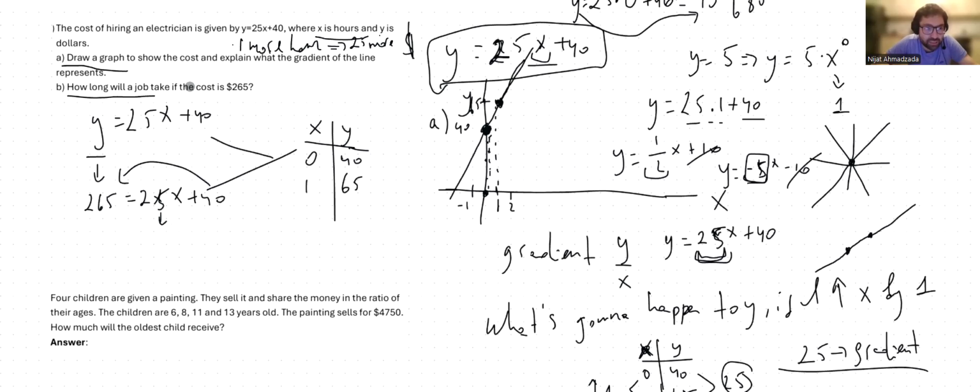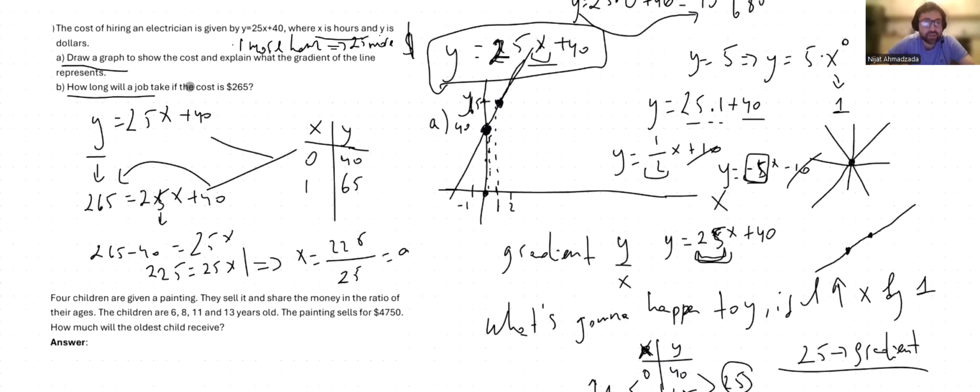It's going to be 265 minus 40 will be equal to 25x. 225 is equal to 25x, which gives us that x is equal to 225 over 25, which is equal to 9. Okay, so the job will take 9 hours if the cost is 265.